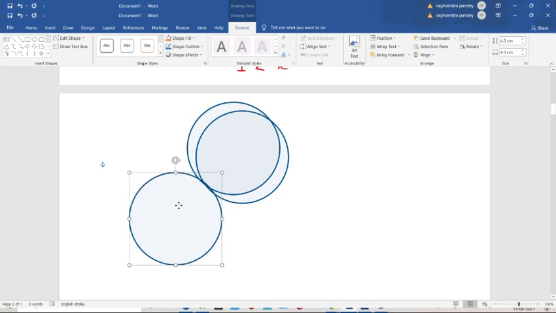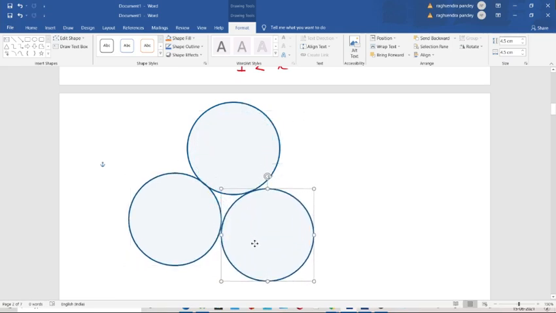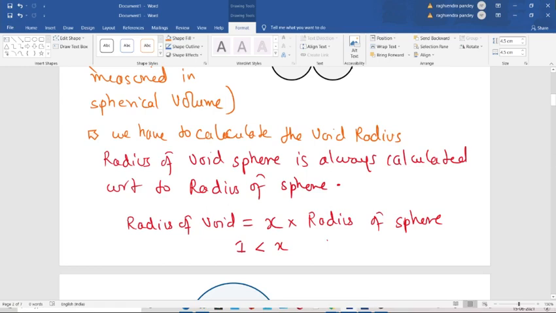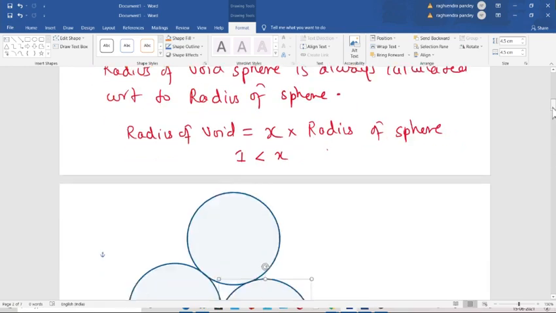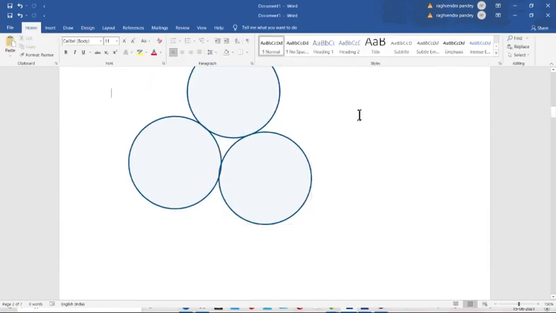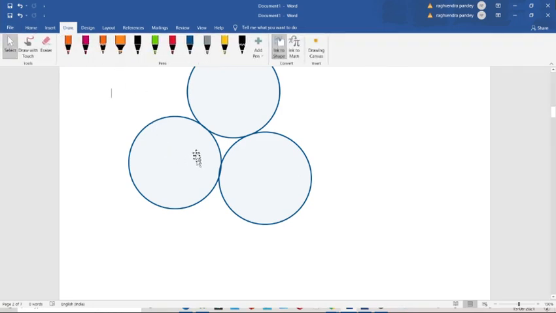We arrange the spheres like that. Now I can make a bigger sphere. The spheres are only touching each other. And this is the sphere which I have to make here.